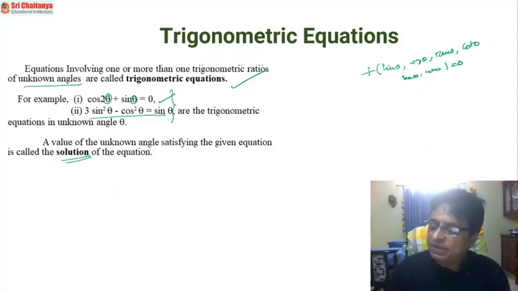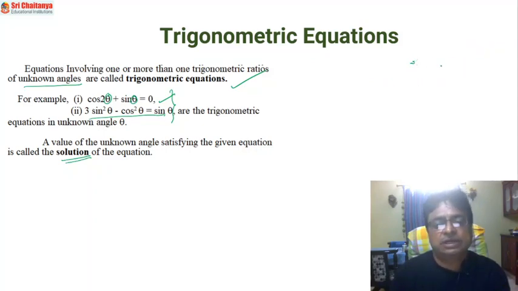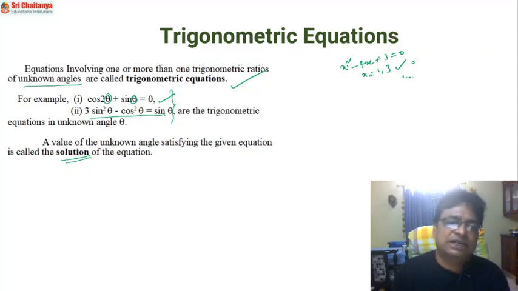Just like in the previous example of an algebraic equation, I already told one simple quadratic equation, x square minus 4x plus 3 equal to 0, the solutions are x equal to 1 and 3. These two are the only solutions, because if I substitute the values 1 and 3 in the equation, the equation is automatically satisfied.